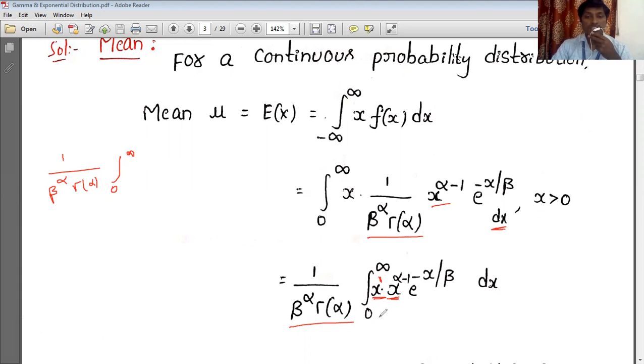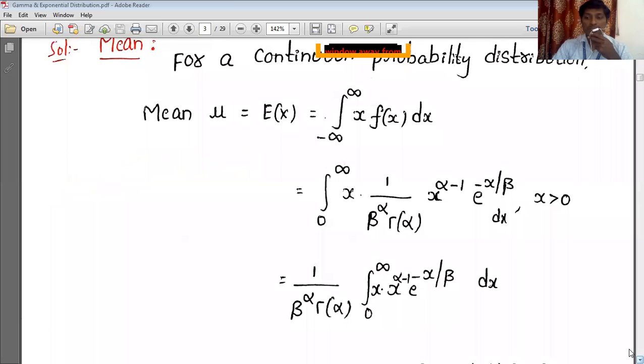So we can apply the formula a power m plus n, which is nothing but x power 1 plus alpha minus 1, and e power minus x by beta as it is. That is the formula we are going to apply.